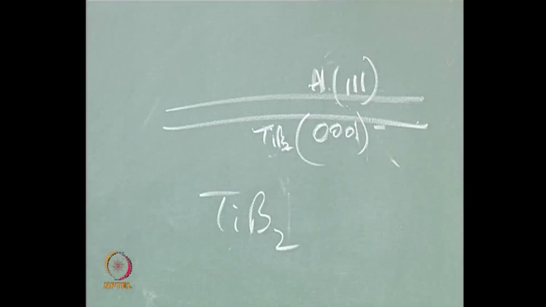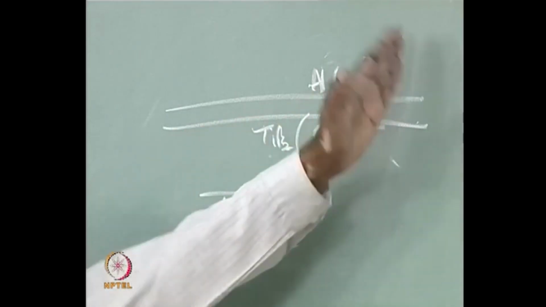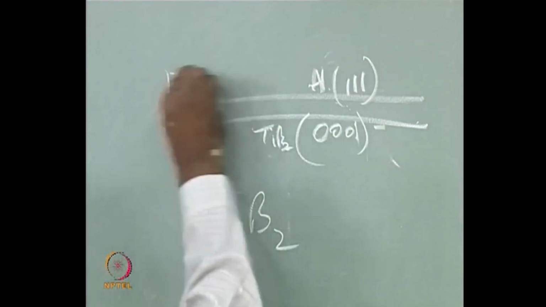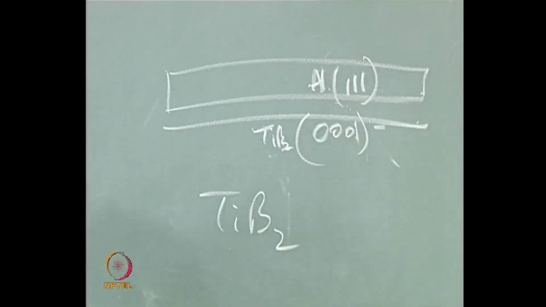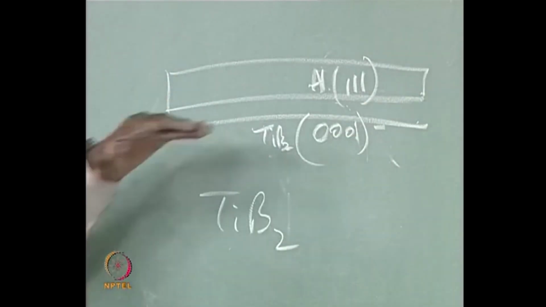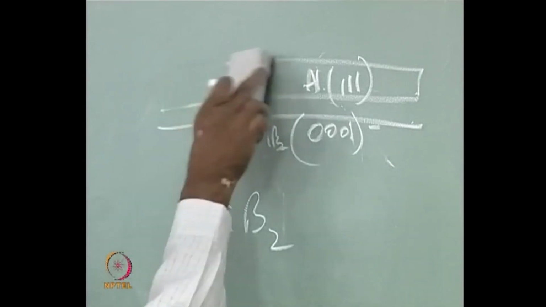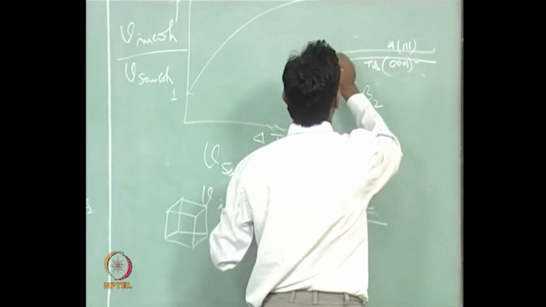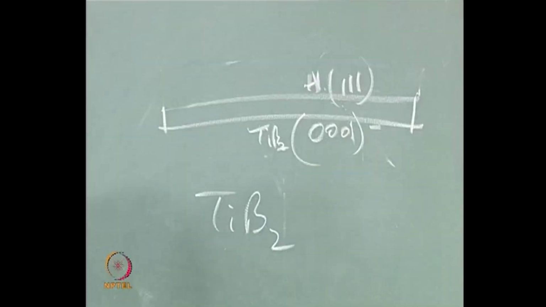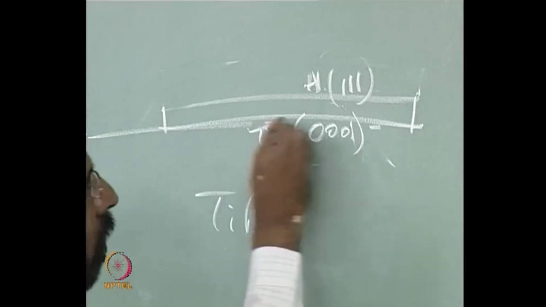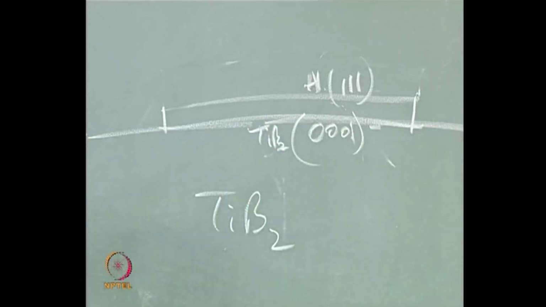Once it has nucleated, what about the other planes? If this is aluminum which has nucleated, let us say a small one, on this particular plate, I should actually draw it this way. This is nucleated on a large surface, this is the TiB2 surface on which it has nucleated.